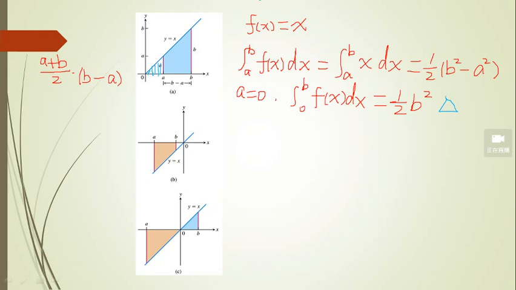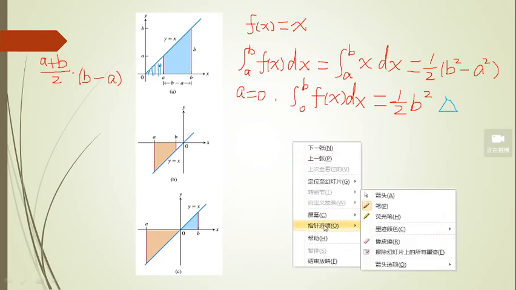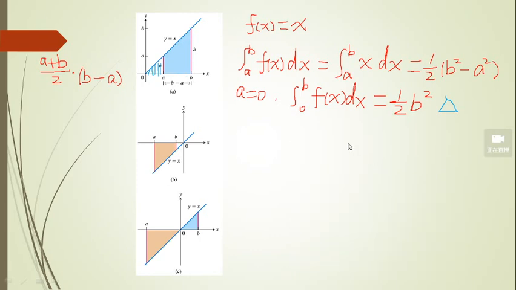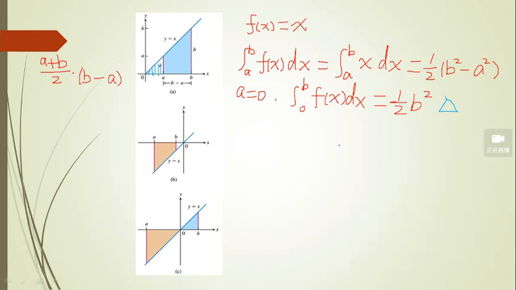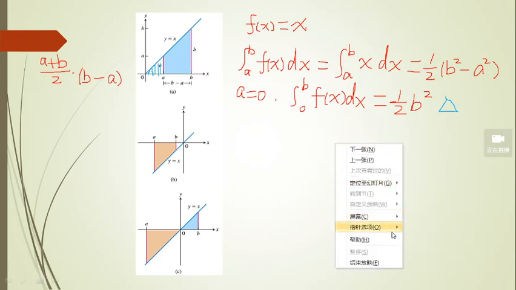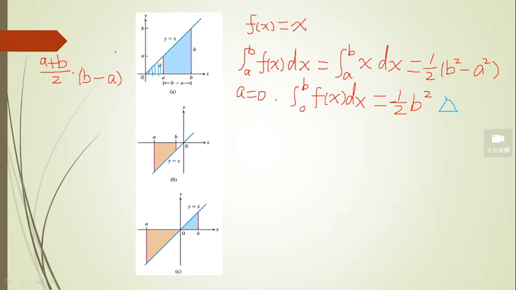Make sense? Here this length is b. What is the area for this triangle? 1/2 b squared, right? So we start to know the definite integral represents the area, but we can also combine it with the areas of special shapes we knew before, some formulas about area we know.